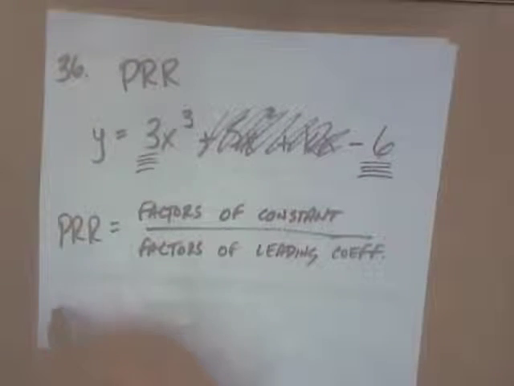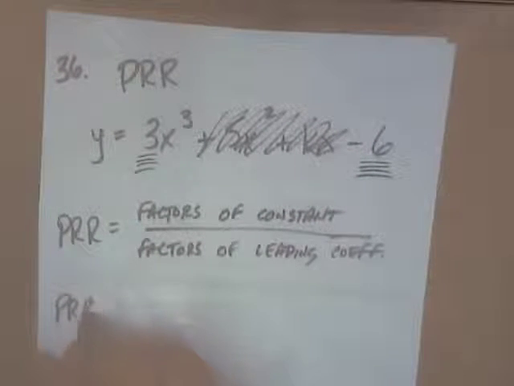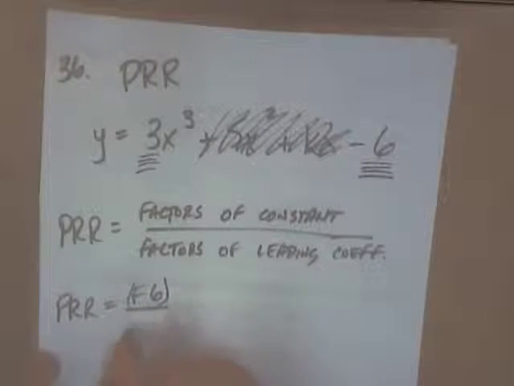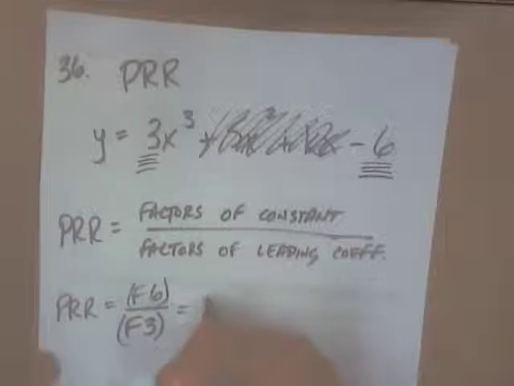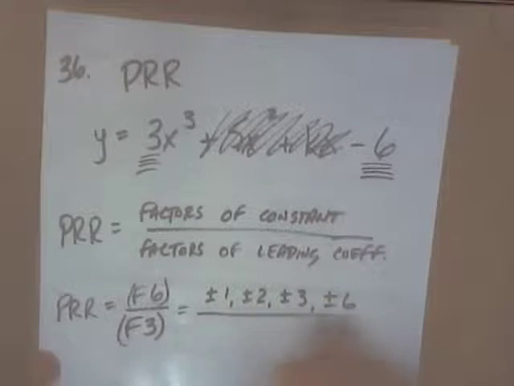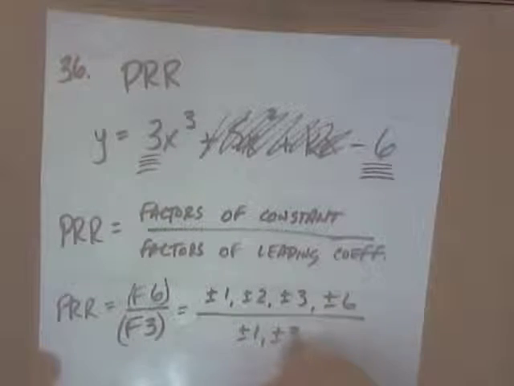So in this case it'll be the factors of the 6 divided by the factors of the 3. Factors of 6, plus or minus 1, plus or minus 2, plus or minus 3, and plus or minus 6. Factors of 3, plus or minus 1, plus or minus 3.